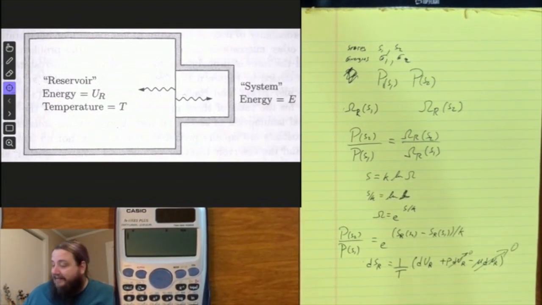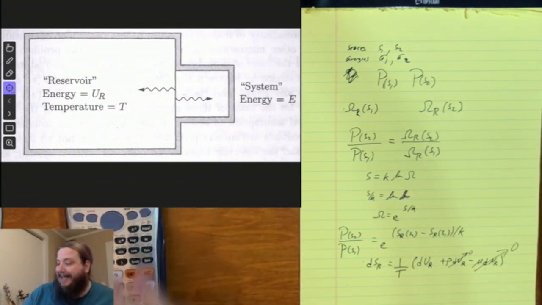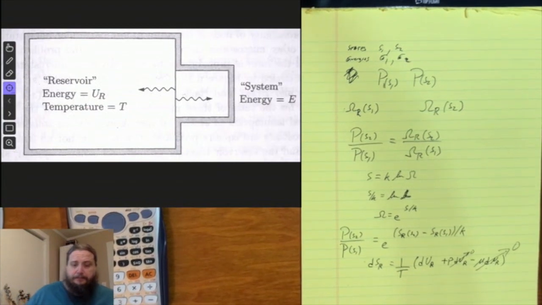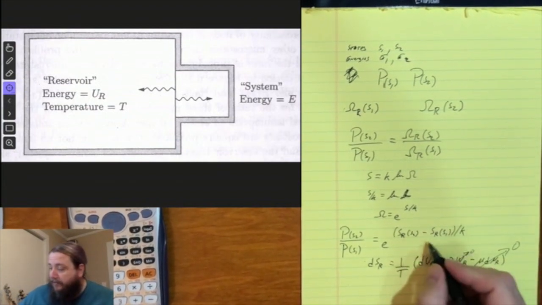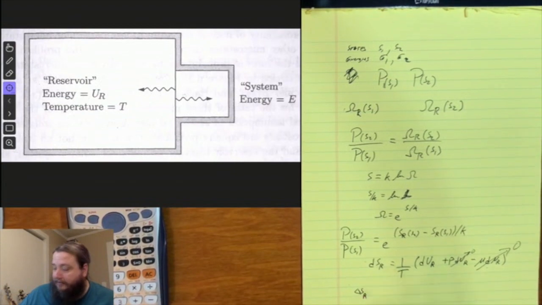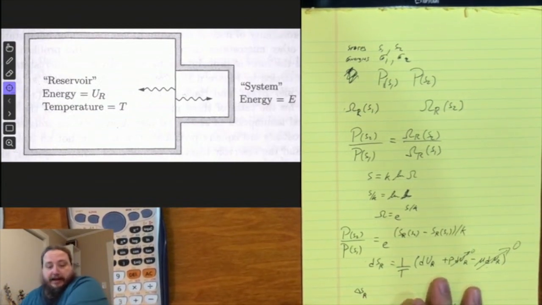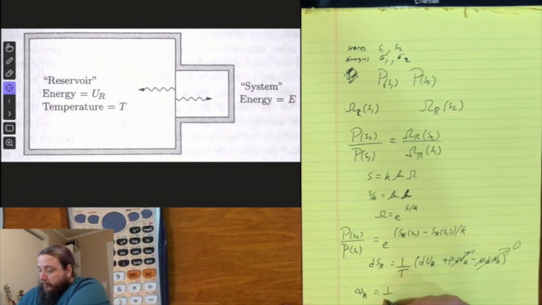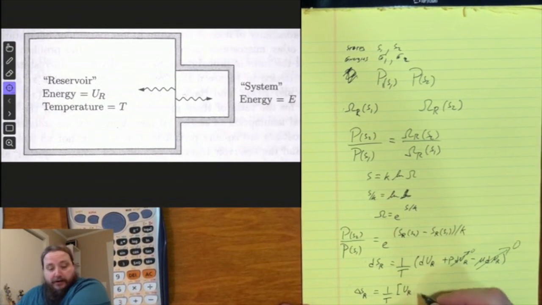So in this case, the only thing that's relevant is the change in the reservoir's energy, the exchange of energy between our atom and its environment, so that we can write down this delta S of our reservoir as 1 over T times the change in the energy of our reservoir.